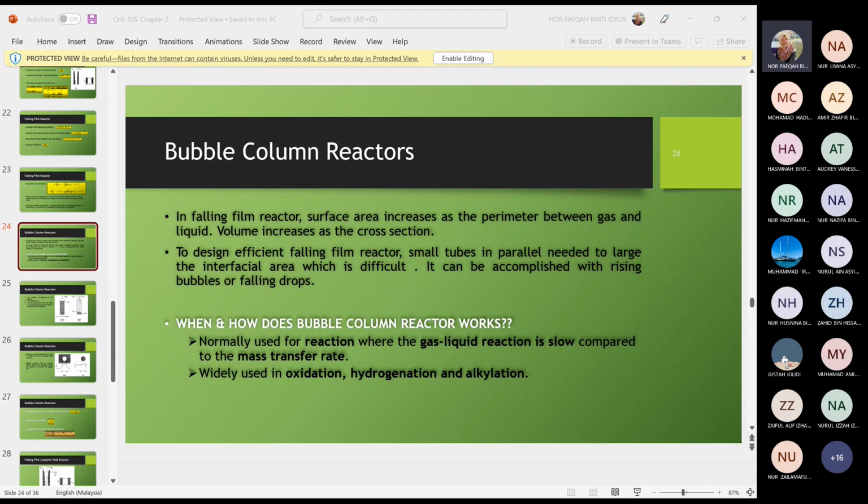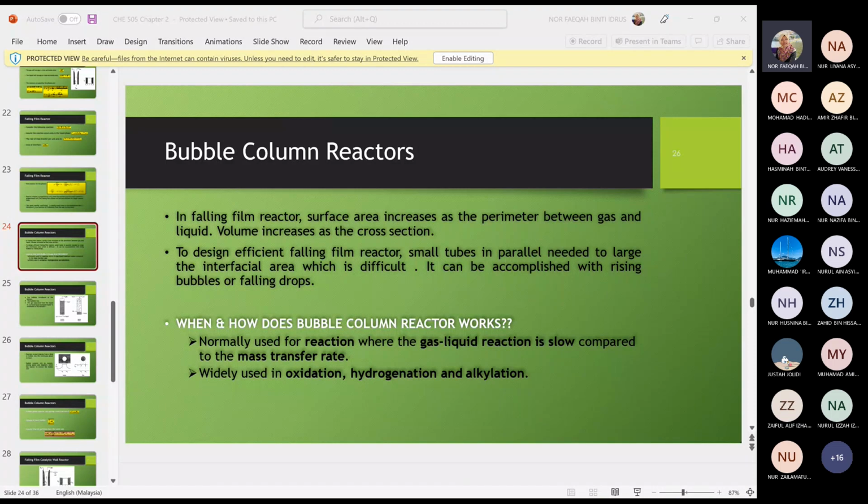So which one is the continuous phase? If the reaction occurs only in the liquid phase, the gas bubble will migrate from the bubble to the liquid phase. If we look here, the bubble gas will transfer to the liquid phase and be absorbed in the liquid. So your reactant A, the gas A, will become liquid.